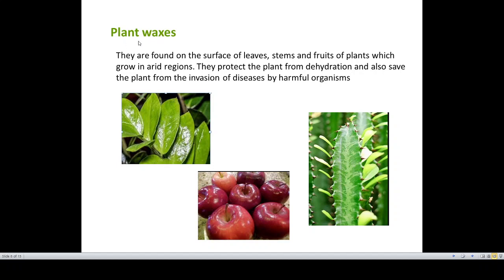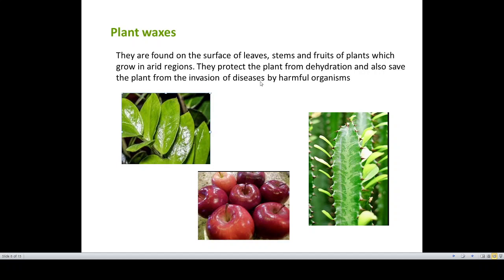So let us take the plant waxes. They are generally found on the surface of the leaves, stems, and fruits of plants which are grown in arid regions. And these waxes that are present on the plant will protect the plant from dehydration and also protect the plant from the invasion of pathogenic organisms which cause diseases.